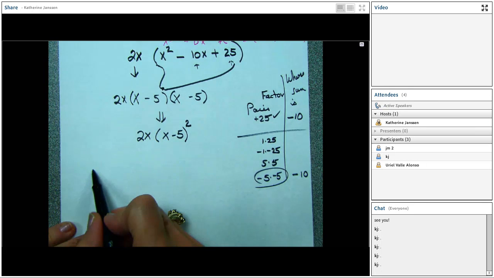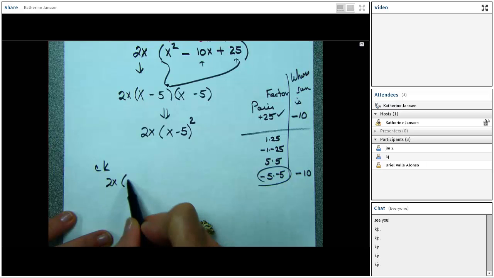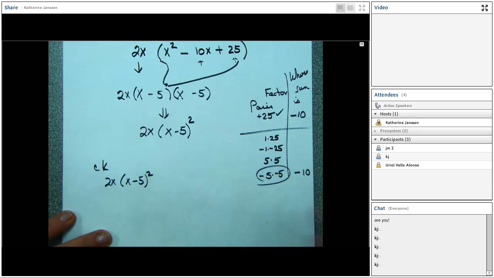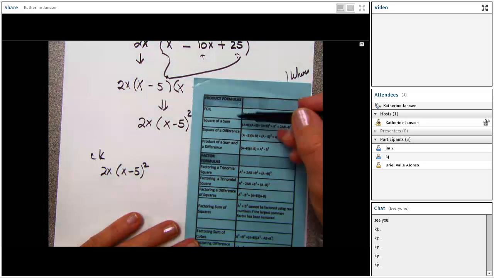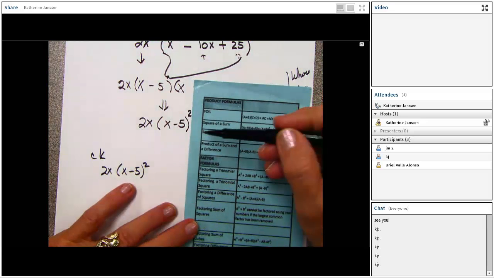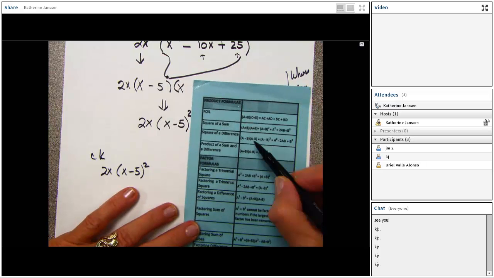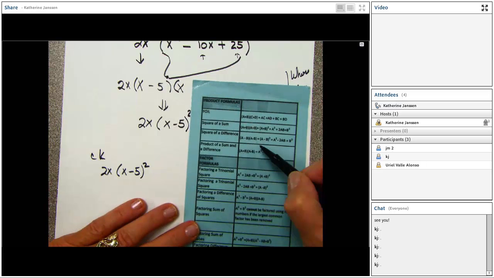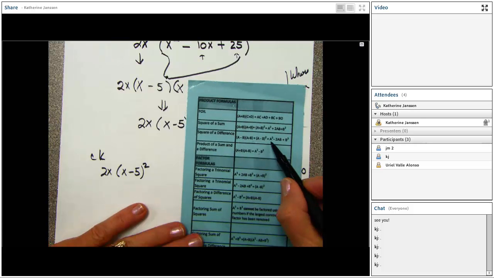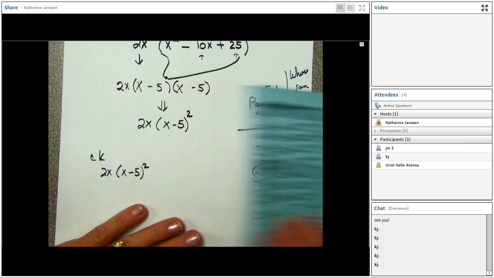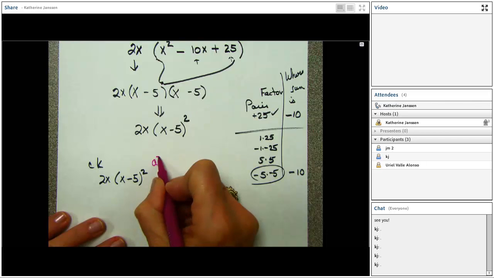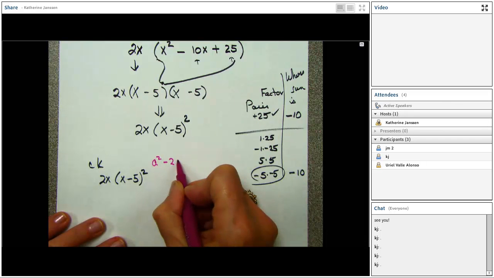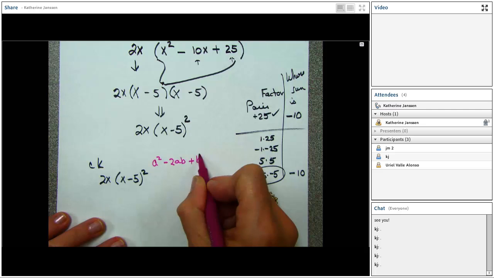So let's check. I have 2x times x minus 5, quantity squared. Well, that's a binomial times itself, so the first two terms are going to be the same, and the last two terms are going to be the same, so my pattern is a squared plus or minus 2ab plus b squared. So I can factor this as a squared minus, collect two like middle terms, and square the last term.